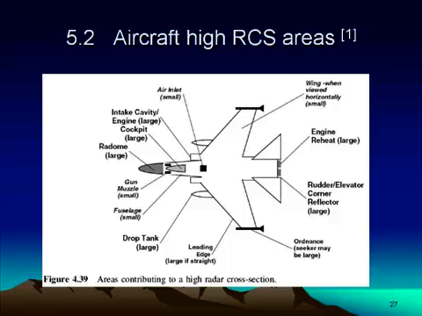But the other parts like the gun muzzle, fuselage, leading edge of the tails, wing when viewed horizontally points, all these things will be the major sources of reflection of the incident electromagnetic energy, and thereby they give rise to high value of RCS.